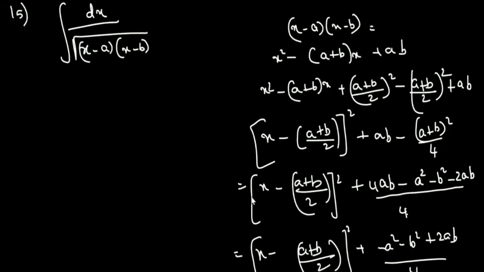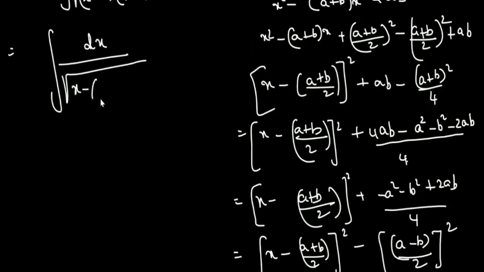So this term is now the integral dx by root of x minus (a plus b)/2 the whole square minus (a minus b)/2 the whole square.